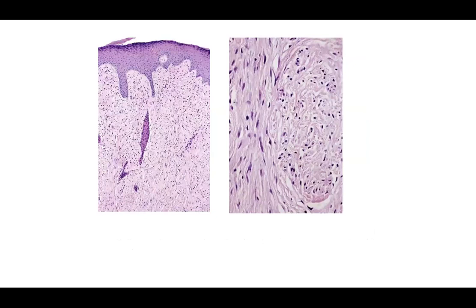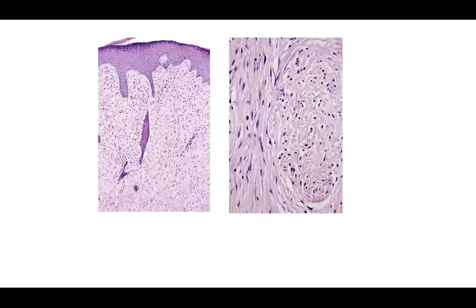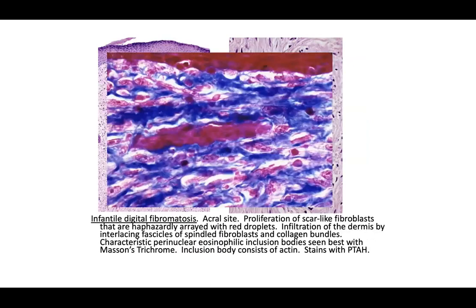What's your diagnosis? This is a special stain to give you a hint. So infantile digital fibromatosis is usually at acral sites.